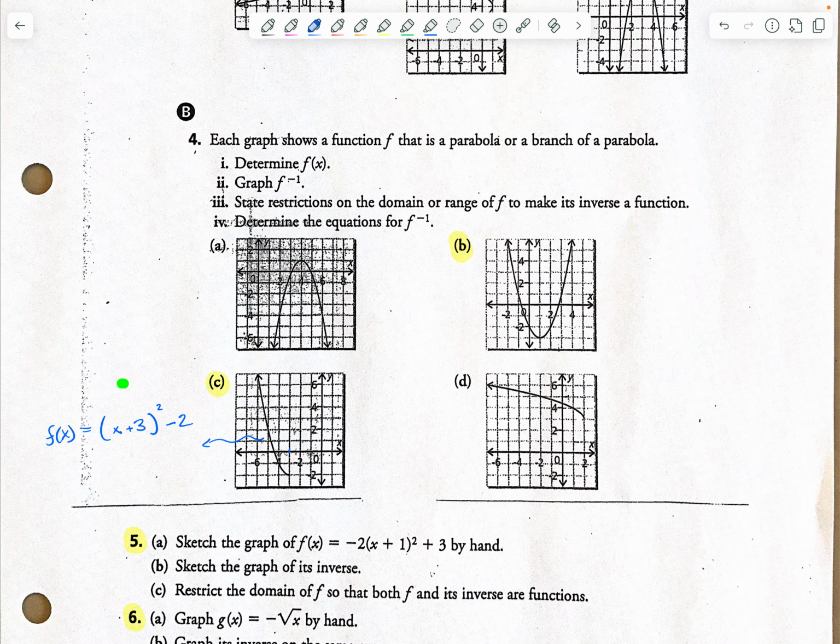That would give the entire parabola like this as well, but we want to restrict this. We want to say x is an element of real numbers such that x is smaller or equal to -3. That's what gives us the proper left side of that parabola with that restriction right there. Okay, so that's how that works, and so on and so forth.